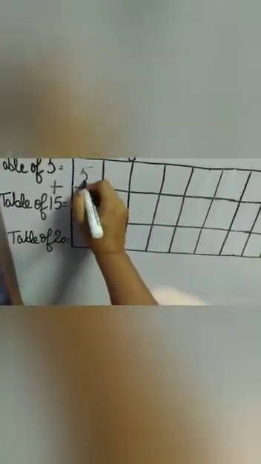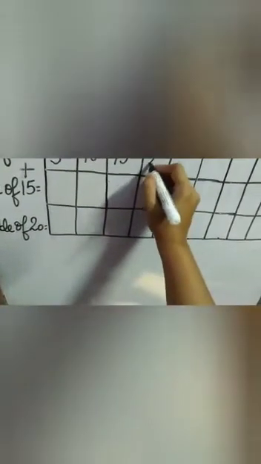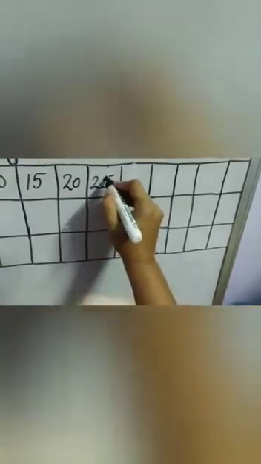Now here, first of all, you will write the table of 5: 5, 10, 15, 20, 25, 30, 35, 40, 45 and 50.